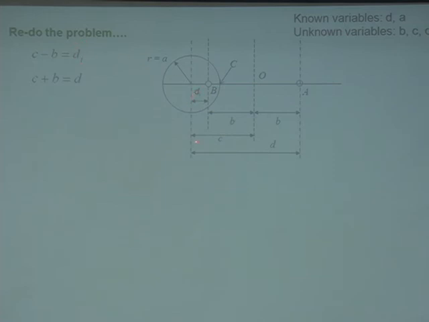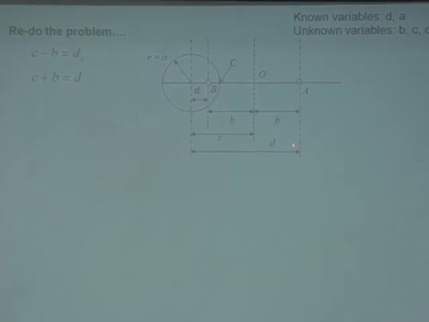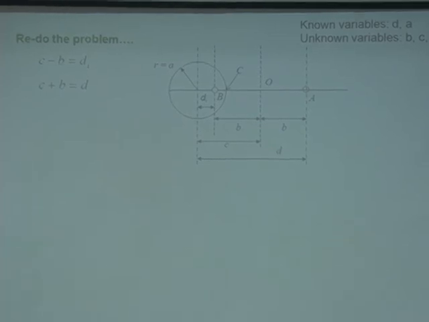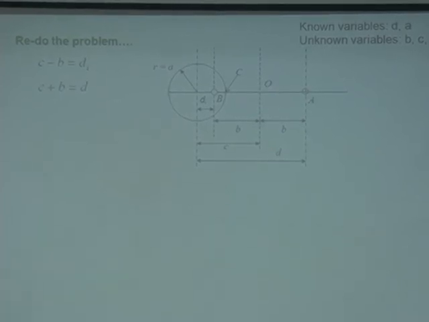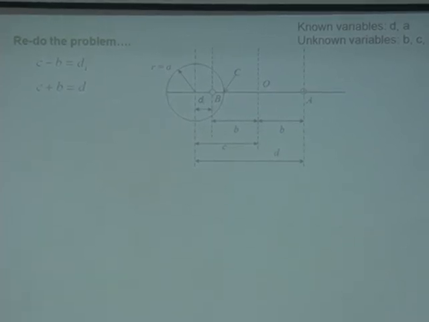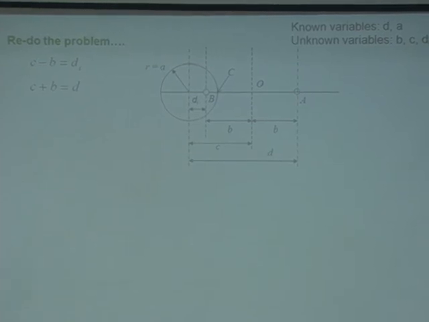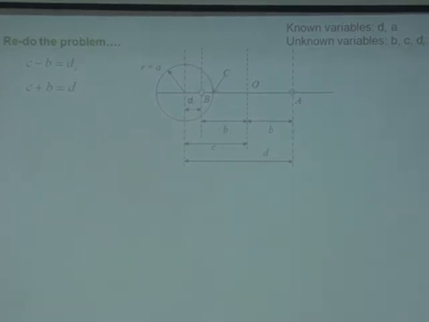Di is equal to C minus B. Right, C minus B. And D, right here, D is the distance between the line charge and the center of the cylinder. Okay, so right here, B plus C is equal to D.